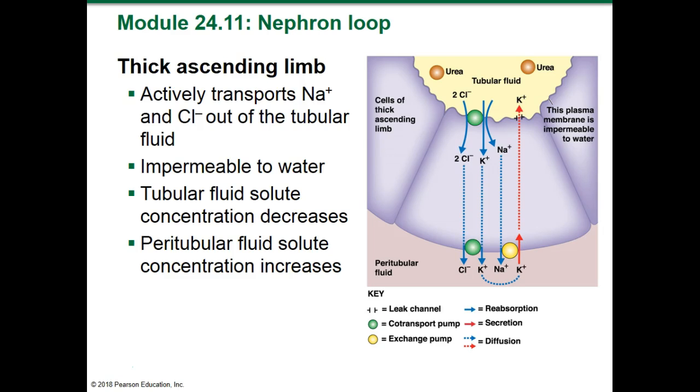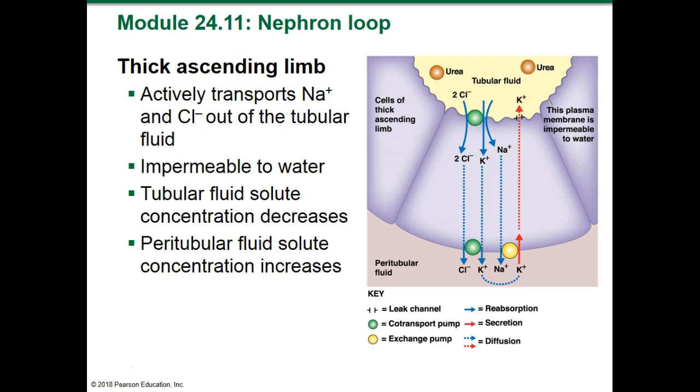That means we're bringing it out of the tubes, right? That's what you see in blue there. Again, there's the tubes. That's where the urine is. It's impermeable to water. It's very thick, so water can't get in or out there.